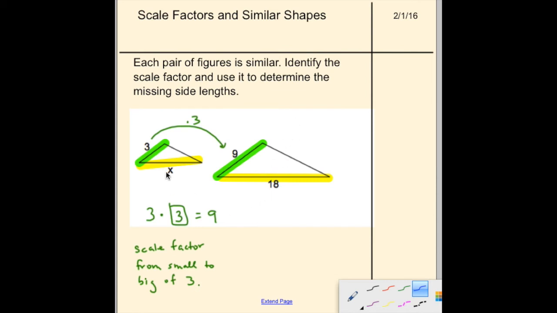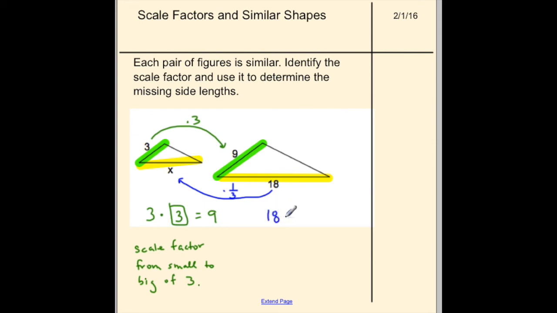Well, if I'm multiplying by 3 to go from the smaller to the larger, then I'm doing the inverse of multiplying by 3, which is multiplying by 1/3. Now, some of you are going to say, but wait, I was going to say divide by 3. Well, multiplying by 1/3 is the same as dividing by 3. So we can think of going backwards.